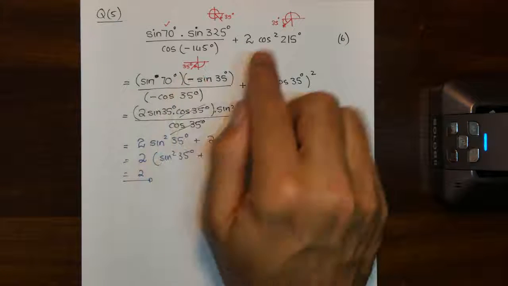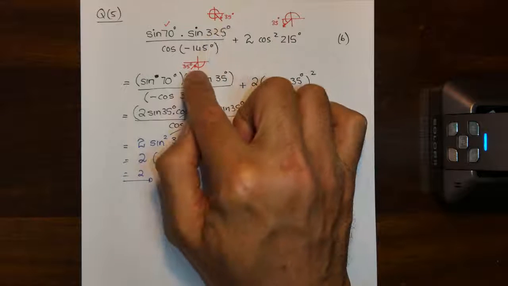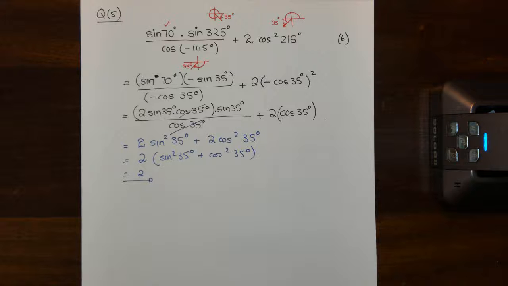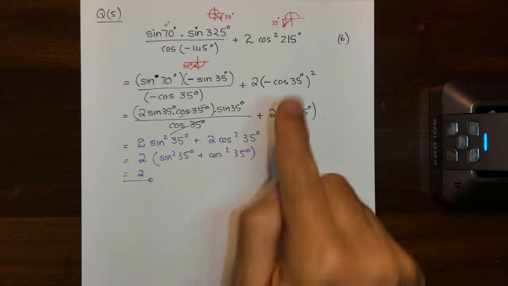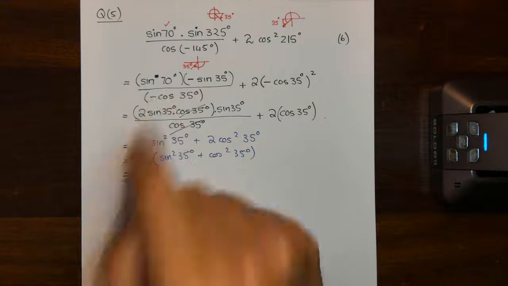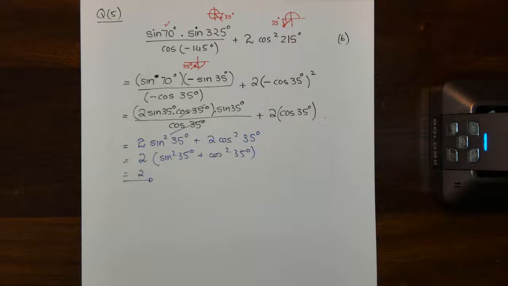Okay, so what you have to do and do accurately are these 3 reductions. That's the first thing. The second important point, only do horizontal first. Once everything is in the first quadrant, then you can start deciding, am I going to apply the identities or do I need to go vertical?